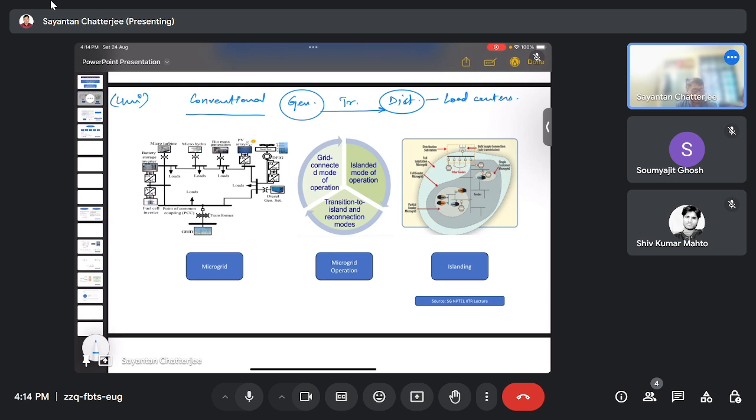So why can't we think of isolating them from the grid itself if any fault occurs on the grid side? With that aim, these microgrids have been developed.